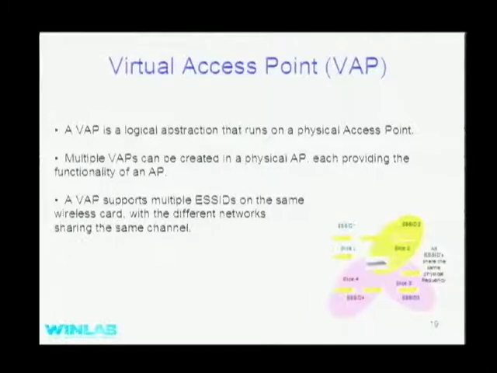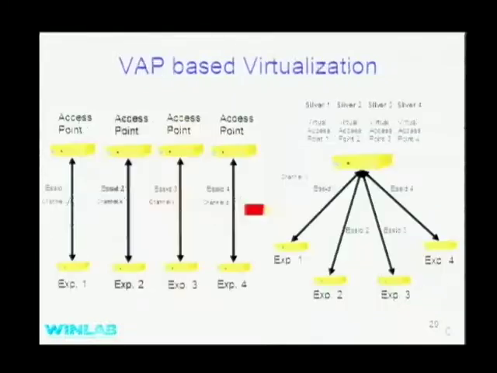So the virtual access point is basically an abstraction of the physical access point that supports multiple ESS IDs. So as you can see in the figure, the same access point can support multiple networks on the same interface. So what we do in VAP based virtualization is we assume that individual experiments consist of one wireless hop, that is an access point and a client.